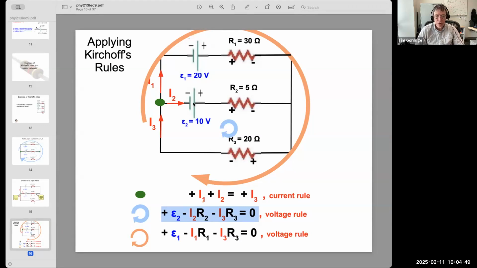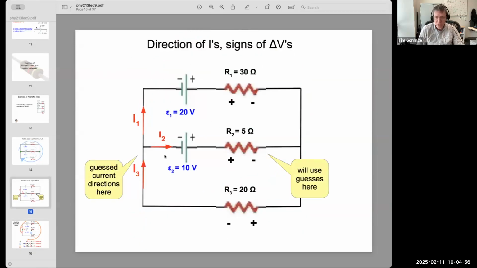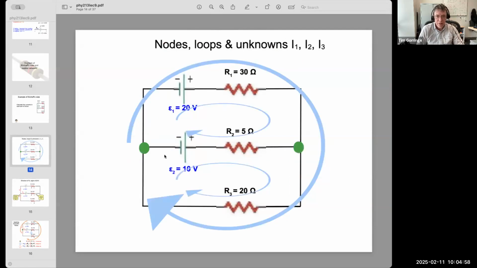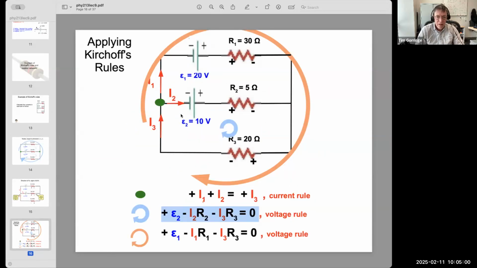When we walk through battery number 2, we're walking from the negative terminal to the positive terminal, so it's an increase in potential. When we walk through the resistor R2, we're walking from higher potential to lower potential, so that's a decrease in potential by the amount I2 R2, according to Ohm's law.